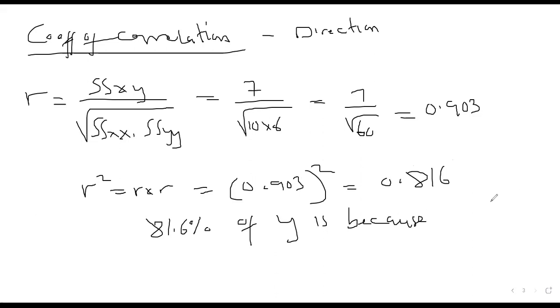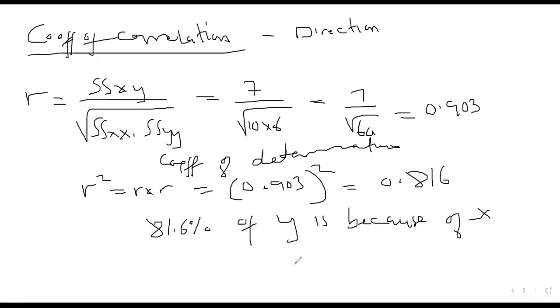If Y is our sales, it means 81.6% of the sales are as a result of advertising. Okay? So R squared is the coefficient of determination. What if we got 0.9? It means 90% of Y is because of X.